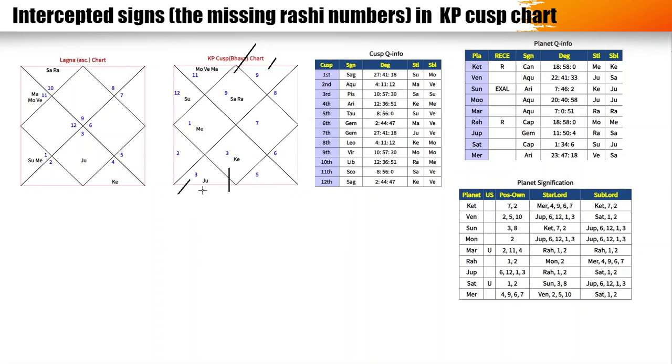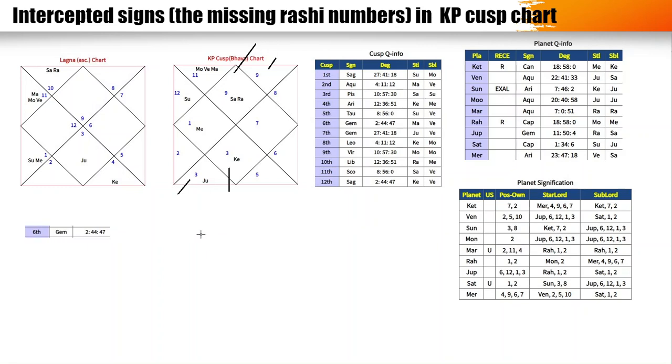Now let's take a look at the placement of Jupiter. You see Jupiter over here is in the 7th house, but here it goes in the 6th cusp. So let's take the span of the 6th cusp. The 6th cusp starts from here, right? We are following the same example that we discussed in the previous slide.